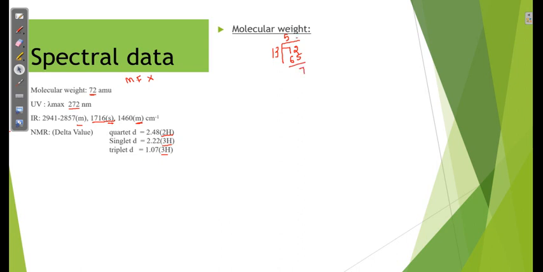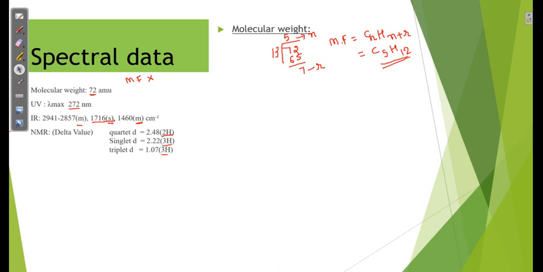This is our n, this is our r. So the molecular formula is CnHn+r. According to this, the molecular formula is C5H12, our expected molecular formula. In this formula there is no oxygen, no nitrogen, no sulfur. For that we have to do the treatment.